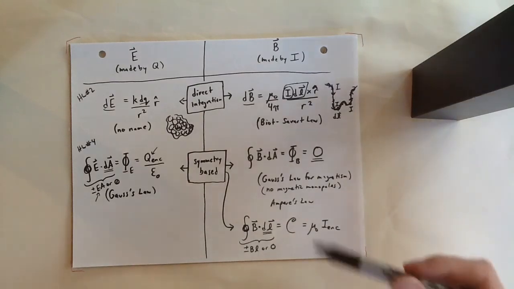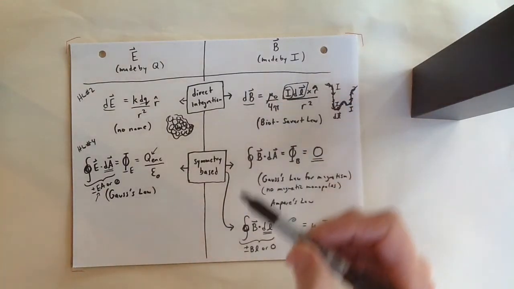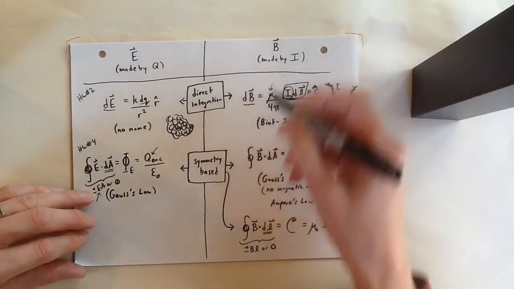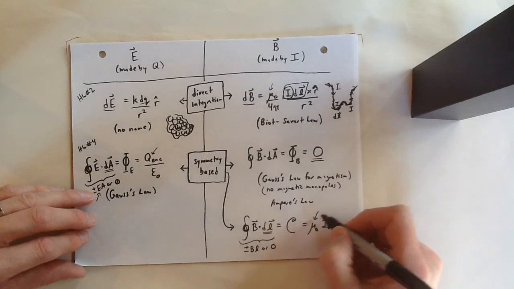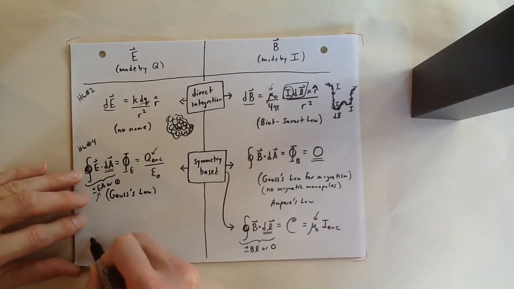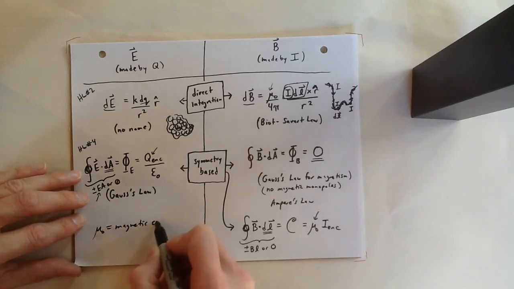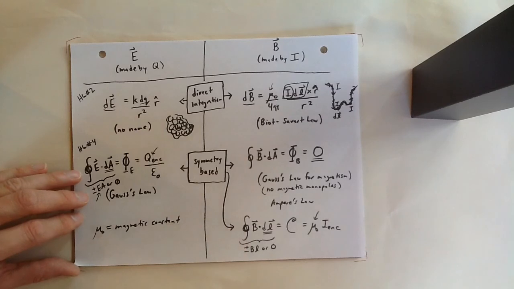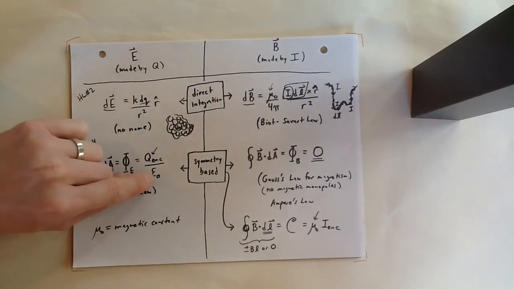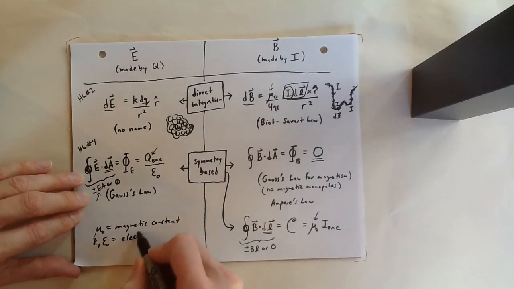But I do want to point out that both of the formulas have a shared constant. The shared constant is right here, it's mu naught. This is already mentioned in the other videos. Mu naught is kind of like your magnetic constant. It is going to appear in all your magnetic field formulas, much the same that K or epsilon naught is like your electric constant.